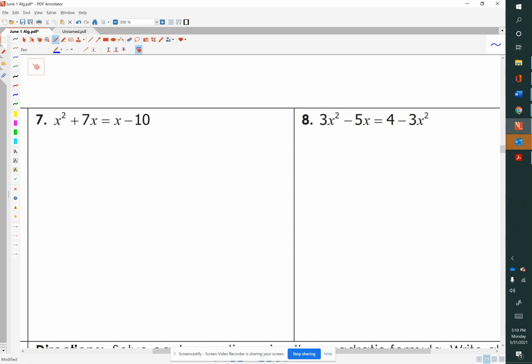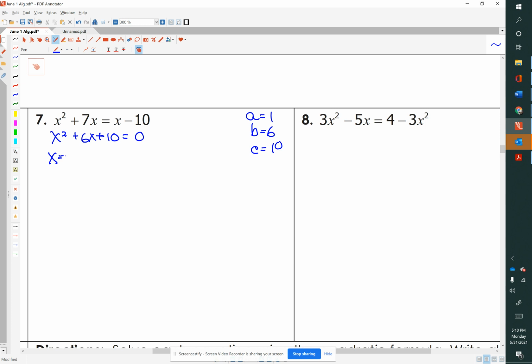Okay, so for number 7, we will write that in standard form, x squared, and that will be plus 6x plus 10 equals 0. So our a value is 1, our b value is 6, and our c value is 10. All positive numbers. So let's make our substitutions.